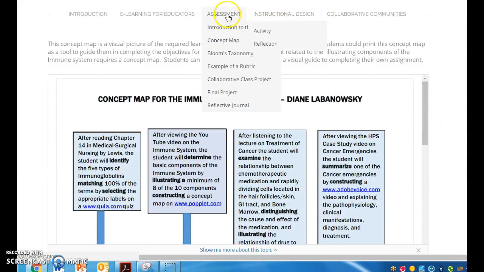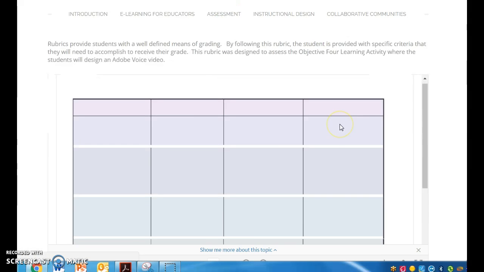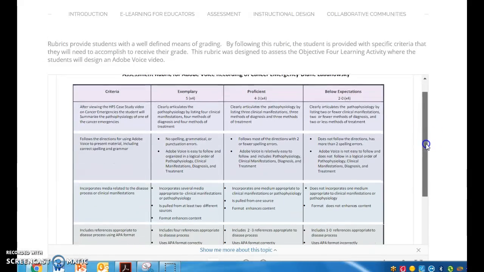And then finally, I created a rubric for the last. Now, like I said, there would have been a rubric for each one of those projects. This one was on the video of cancer emergencies. It has the criteria listed here and the different performance levels. So it's exemplary, proficient, and below expectations, so that it came out to 100. I used multipliers.